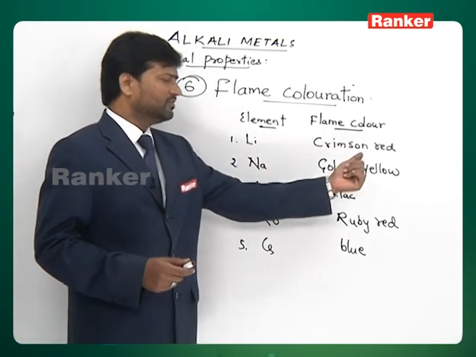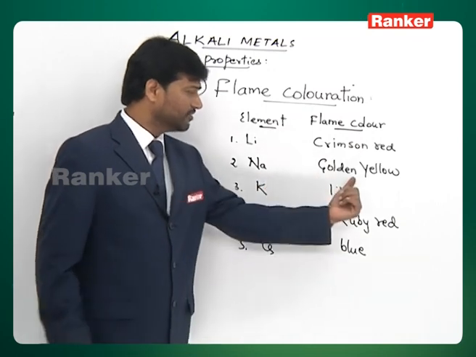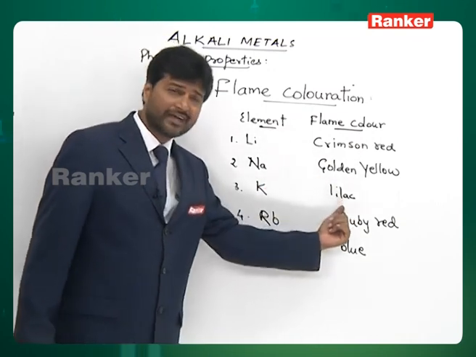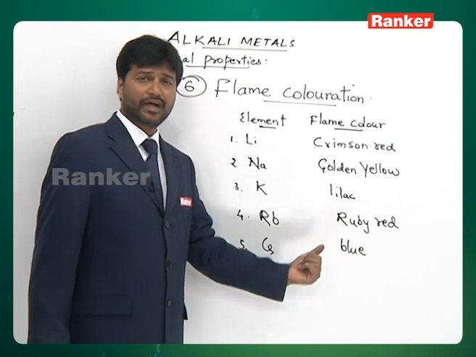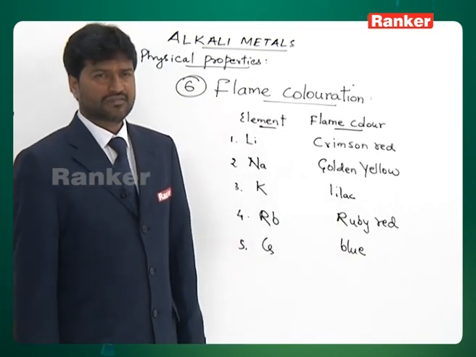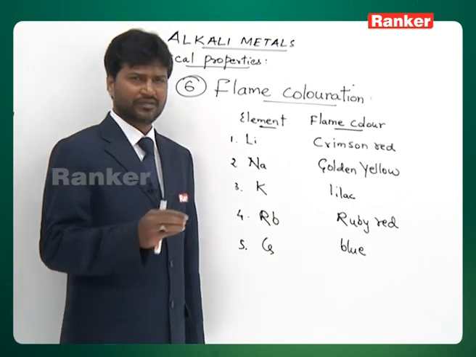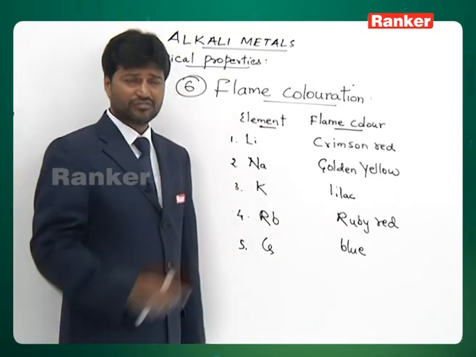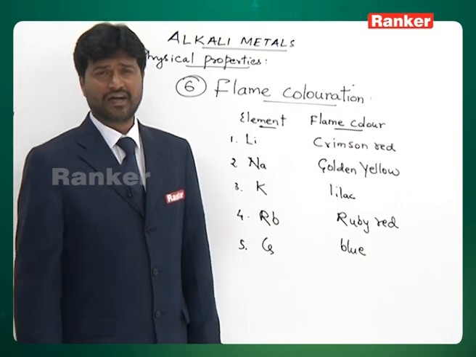If it is lithium, you get crimson red color, sodium gives golden yellow color, potassium lilac, rubidium ruby red, and cesium gives blue color to the Bunsen flame. This property is used for the characterization of alkali metals.